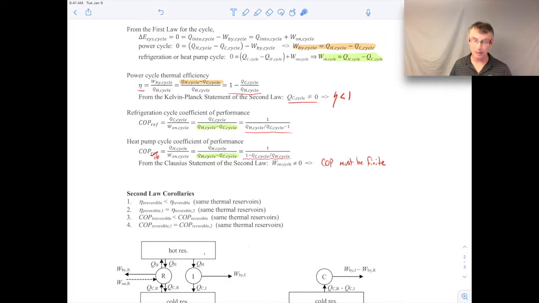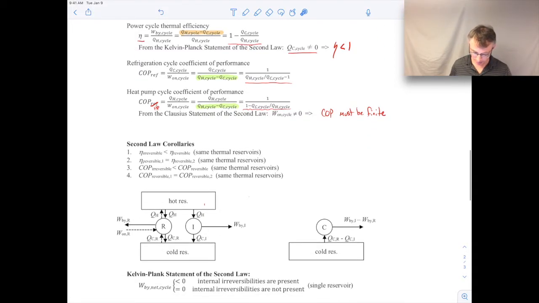Reversible systems have the best performance, and it doesn't matter what the details look like. If it's reversible, it'll have the same performance as another reversible system. So these are really important corollaries, and we'll make use of them in upcoming lectures, as well as at the very end of this lecture.